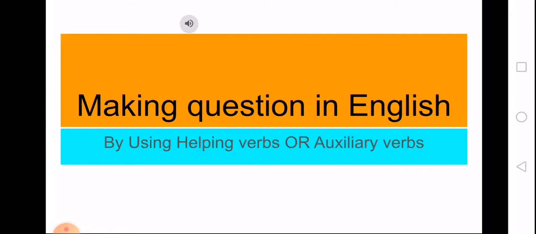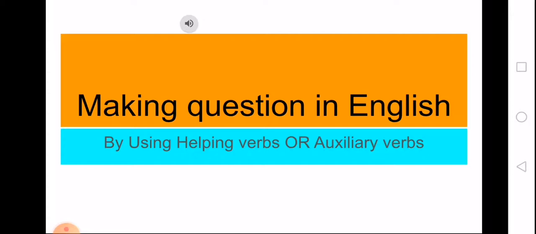Today we are going to learn about new things in English: how to ask a question, how to say a question, how to write a question in English. There are two main ways of making a question in English.